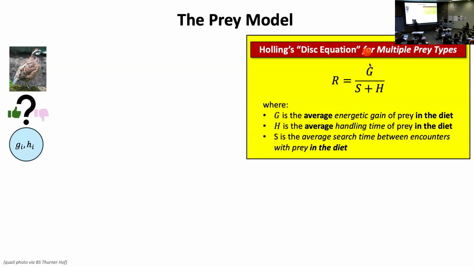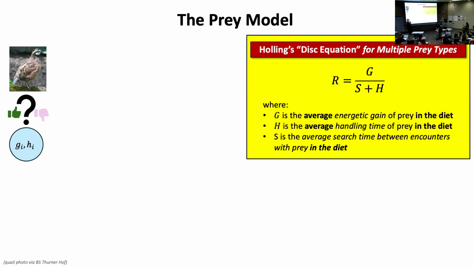It's this ratio of capital G to capital S plus H, where capital G, instead of being the gain from one prey type, is the average gain from all prey that I eat in my diet. So if I eat a bunch of type 1 and a little bit of type 2, then that average gain will be closer to the type 1 gain than the type 2 gain.